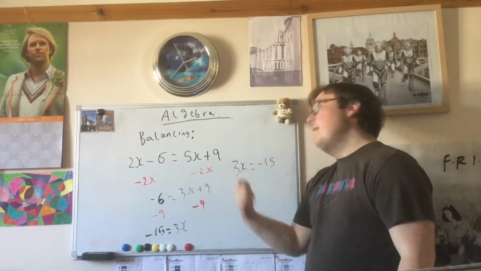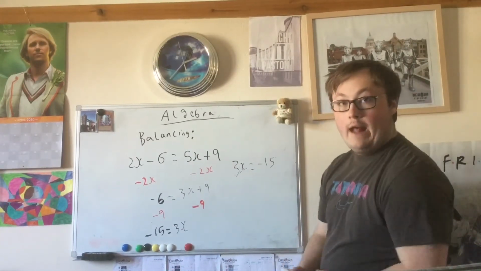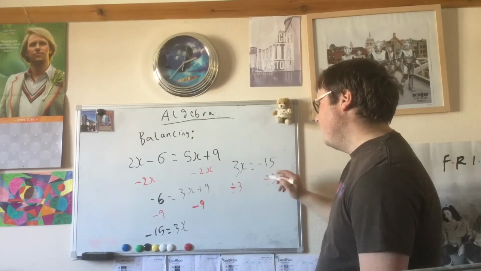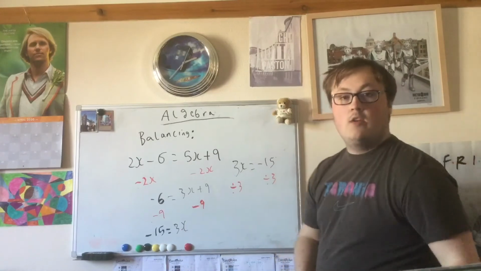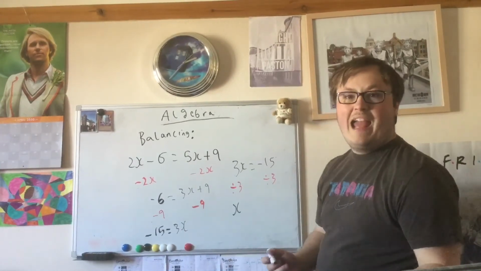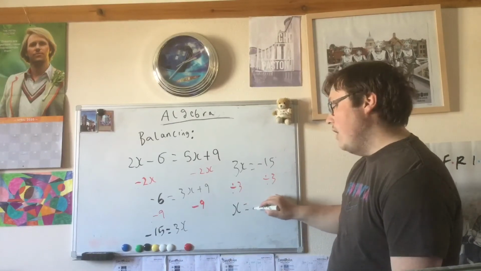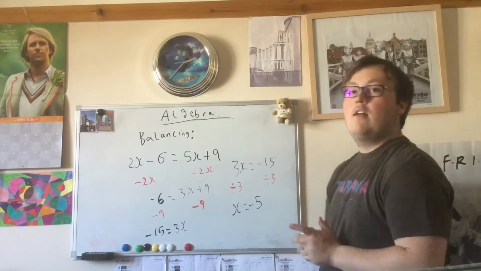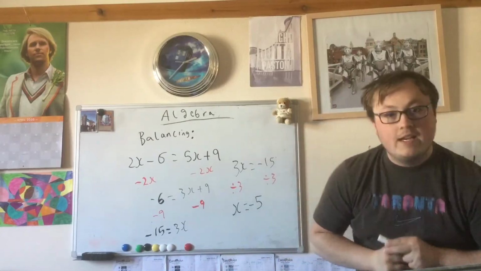So how could we balance this out? Well, why don't we divide by 3 on both sides? So 3x divided by 3 will just get 1x or x. Negative 15 divided by 3 will be negative 5. And that is how we find x.